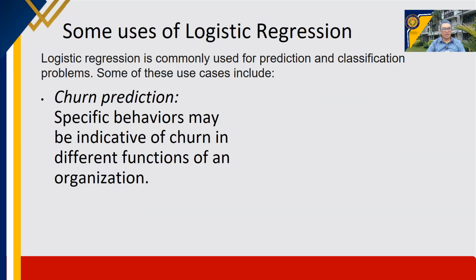Another example is churn prediction, meaning specific behaviors may be indicative of churn in different functions of an organization. For example, human resource and management teams may want to know if there are high performers within the company who are at risk of leaving the organization.